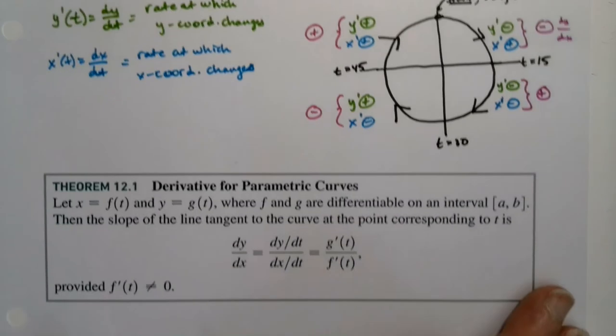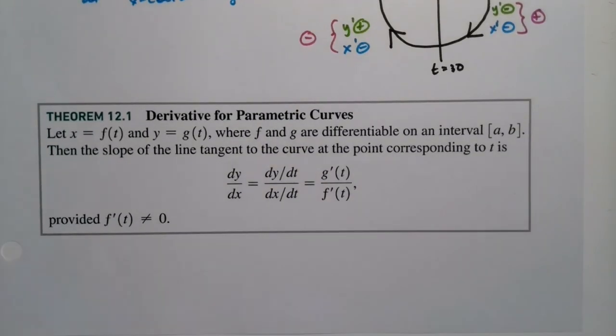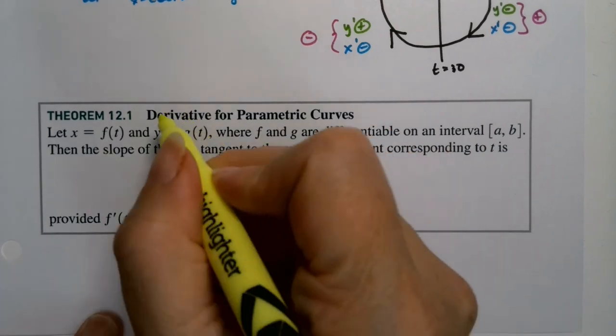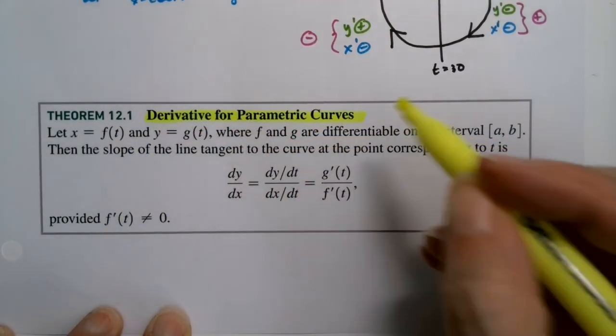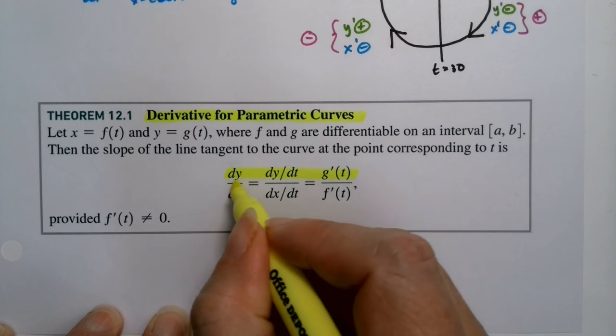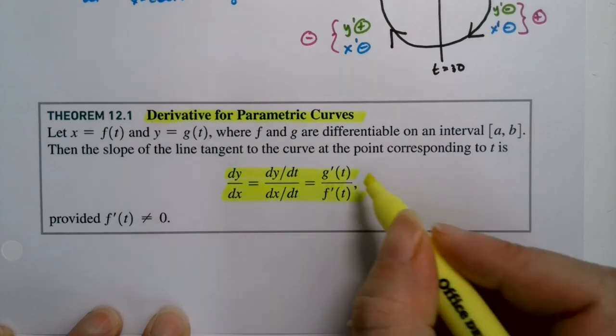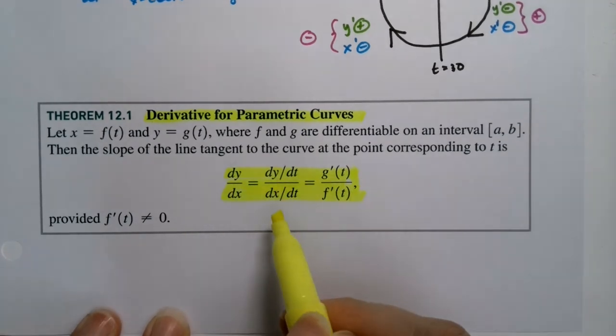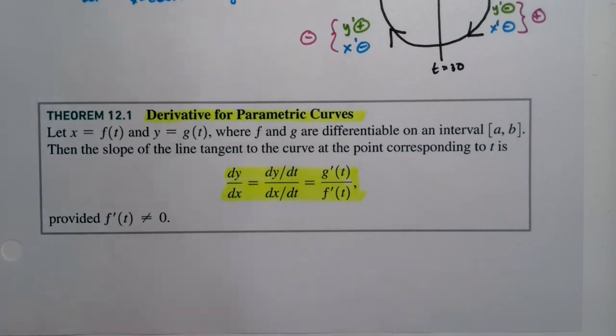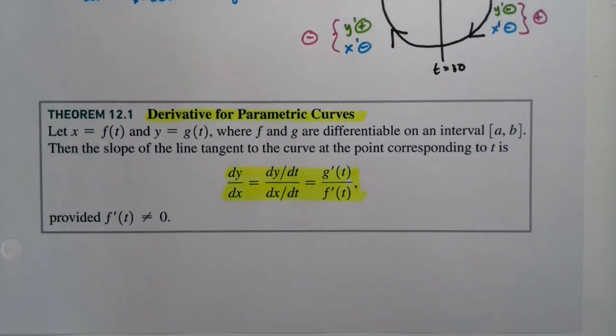All right, so what does that help us with? Well, we have a definition. When we have a parametric curve, the way to find the derivative is to find the ratio of the derivatives of each part. So you take the derivative of y with respect to t over the derivative of x with respect to t. And if you're thinking, that looks a little familiar, yes, it's because this is one of the ways we develop chain rule.